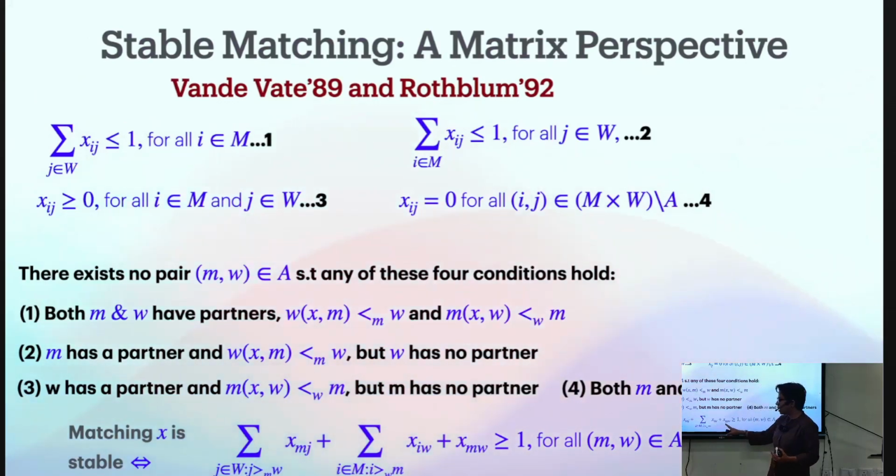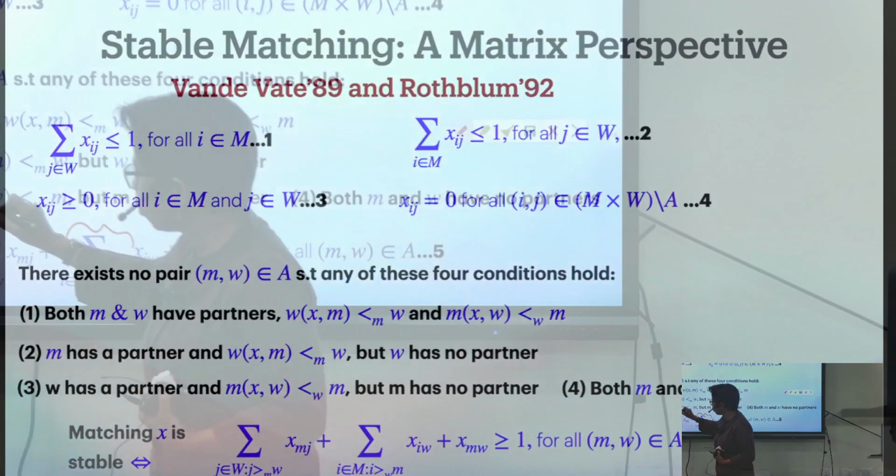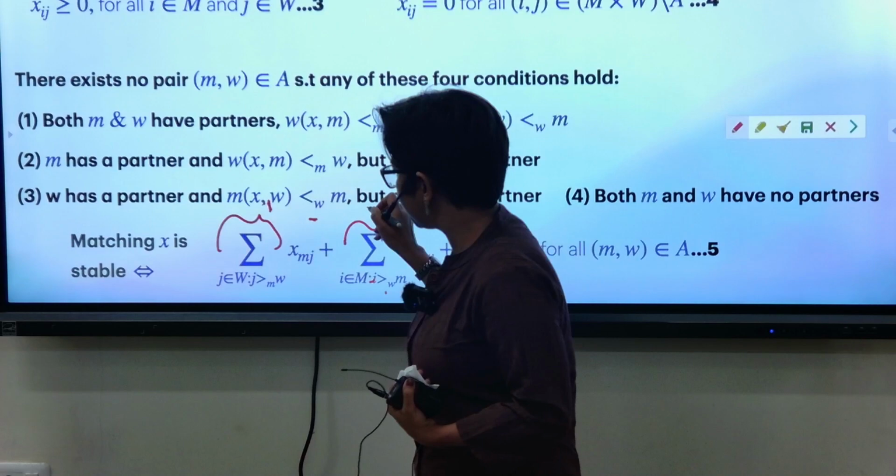Now, if M and W are not matched to each other, meaning this variable X_MW is 0, or rather this matrix entry is 0, then at least this quantity and this quantity should be more than 0. And in the integral case, if this is 0, then either this or this, at least one of them should be 1.